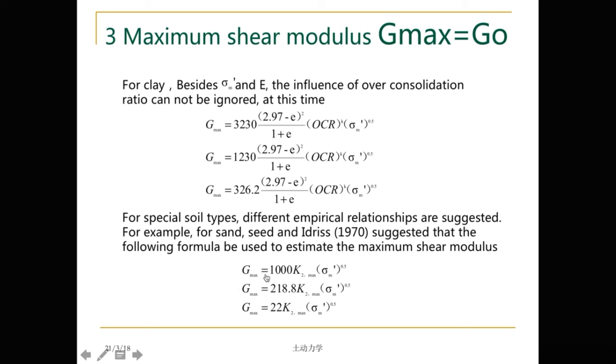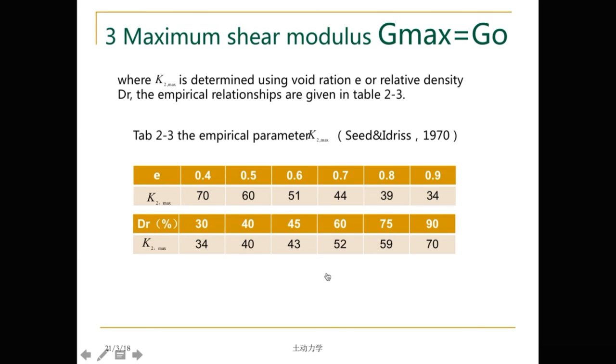Gmax is equal to 1,000 times K2max times sigma m prime powered by 0.5. Here, K2max is determined using the water ratio e or relative density Dr. The empirical relationships are given in the following tables.